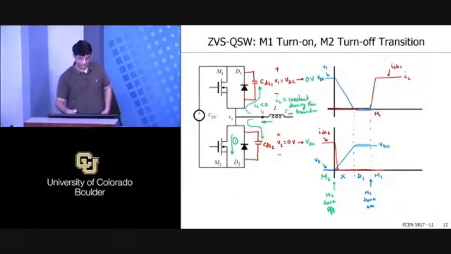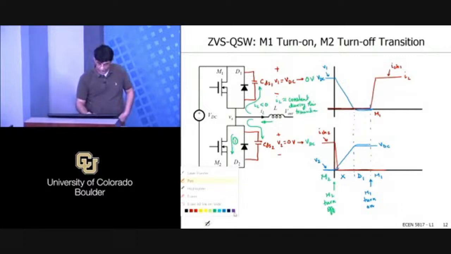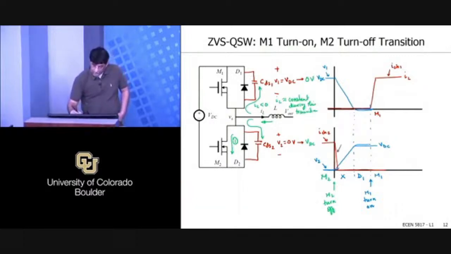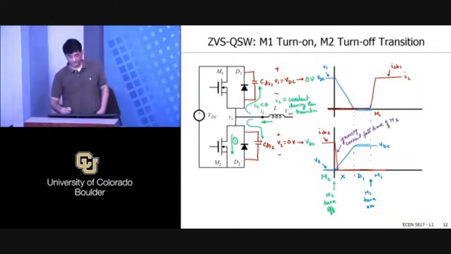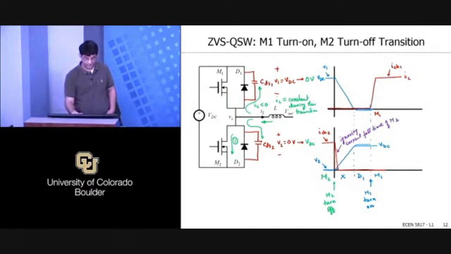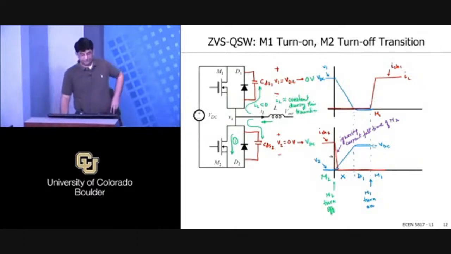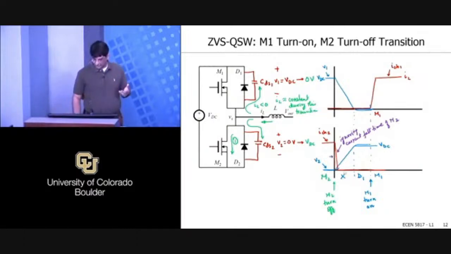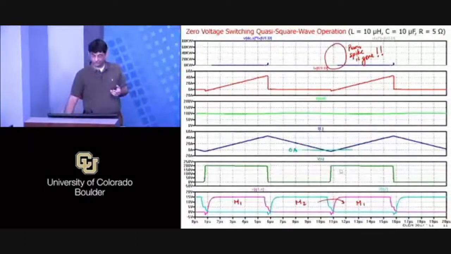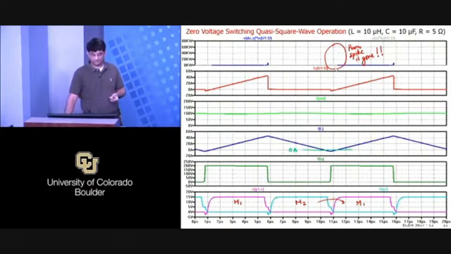I'm just kind of ignoring the current fall time of M2. Okay, and then by ignoring it, it becomes that one, right? But yes, there'll be small loss, and in fact, if you look really carefully on a more minute scale, you'll see some loss there.